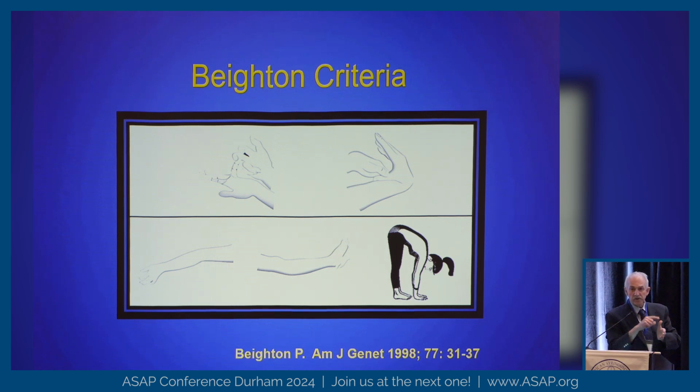But if that angle is more than 190 degrees, and then finally, with your feet at shoulder width and your knees straight, if you can palm the floor, that's another criterion. There are different criteria based on age for what's a positive Beighton score. So a Beighton score by itself does not prove that you have hypermobile EDS.